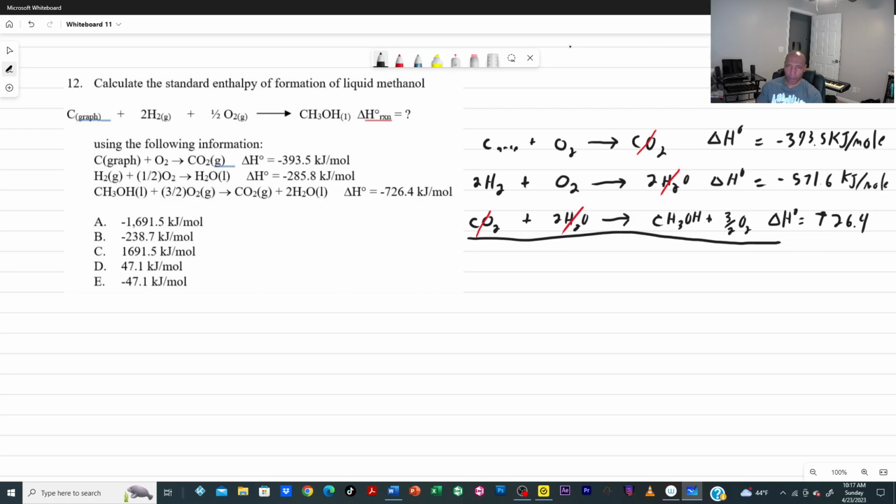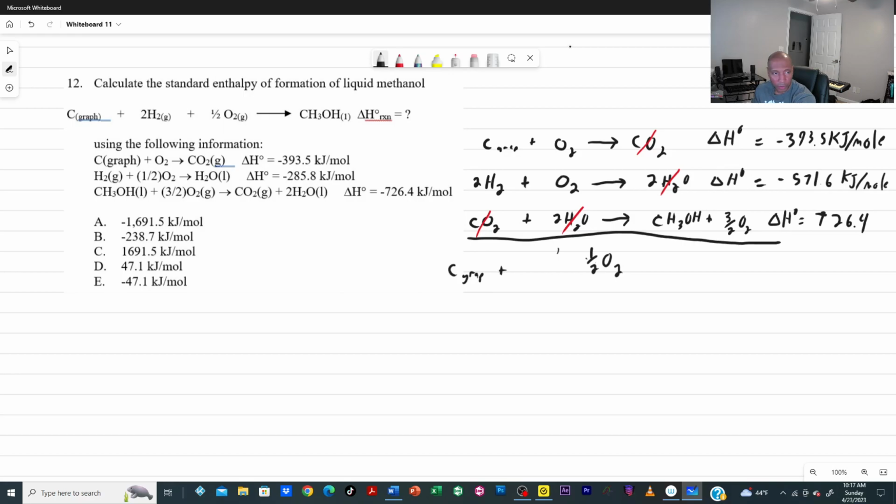Now let's look at oxygen. I have 1 mole of oxygen right here and 2 moles of oxygen right there as reactants, and I have 3/2 moles of oxygen as a product. So of course 2 is the same as 4/2, so I have 4/2 moles of oxygen on my reactant side and 3/2 moles of oxygen on my product side. That of course is 1/2 mole of O2.